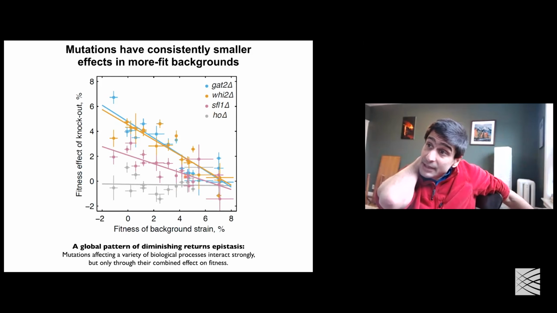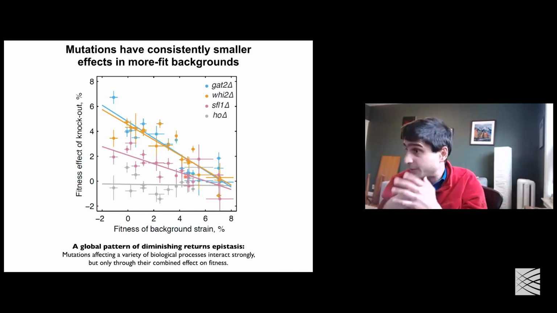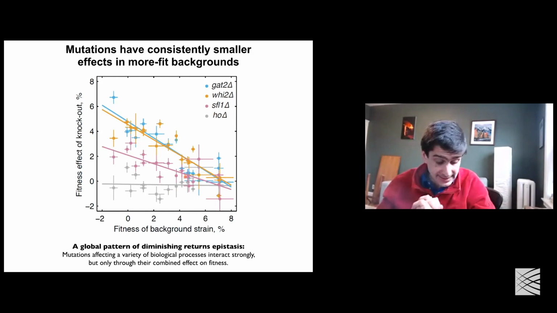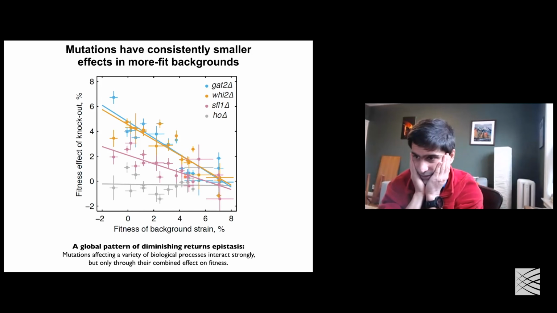But they become systematically less beneficial as the genetic background increases in fitness. And so you have lots of beneficial mutations, but there's a general pattern of diminishing returns where they become systematically less beneficial as the population increases in fitness.